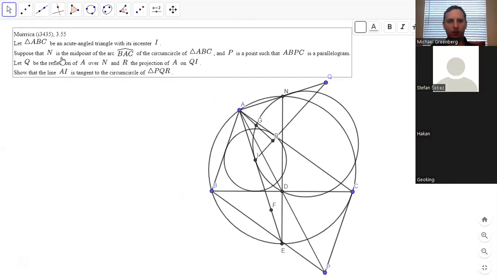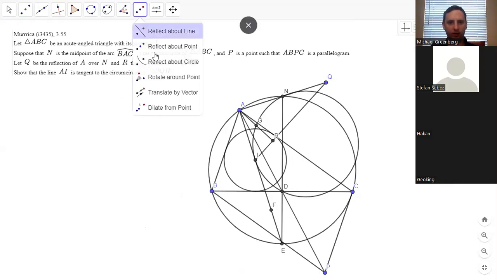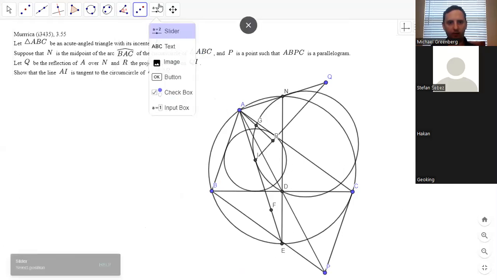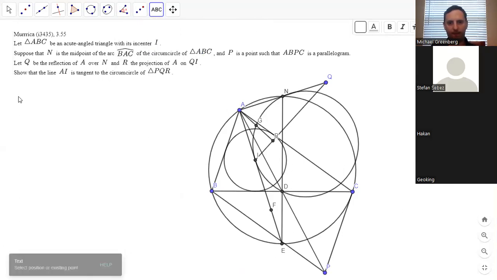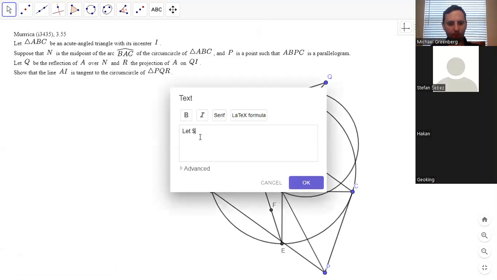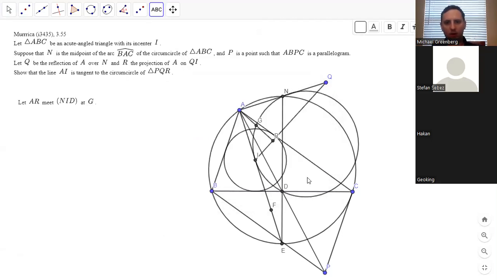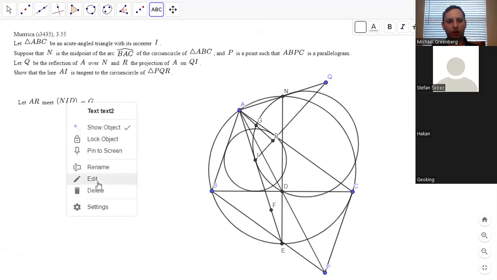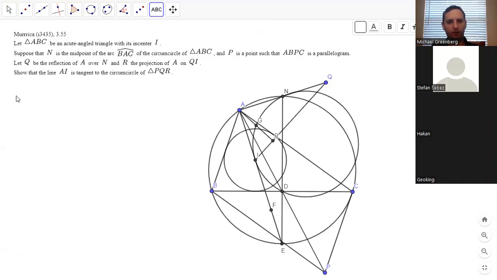Okay, so I'll say let AR meet the circle NID at G. I think we should just define it as the midpoint. And then we'll use the similar triangles to get the angles. Okay. So let G be the midpoint of AR.